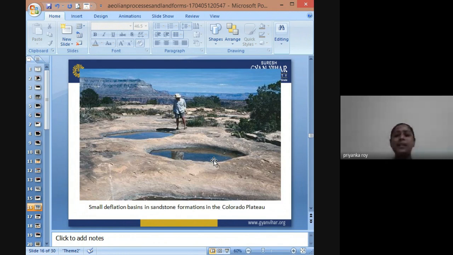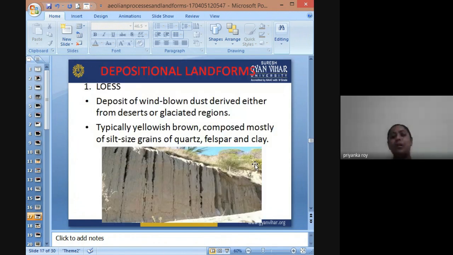But eventually, if there is a dry spell, this water or pothole will dry up, and only exposed hard rock will be there. This is a small deflation basin in a sandstone formation. It is a picture from a Colorado desert in USA.